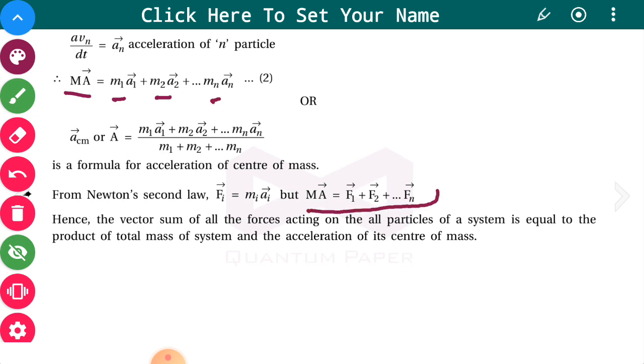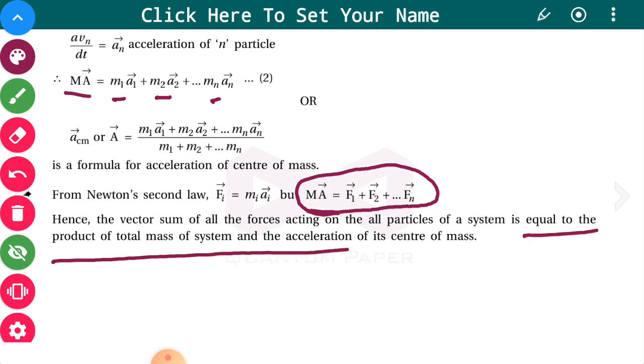So mass into acceleration is nothing but the resultant force acting on the system of particles. Hence the vector sum of all the forces acting on all particles of the system is equal to the product of the total mass of the system and the acceleration of its center of mass.